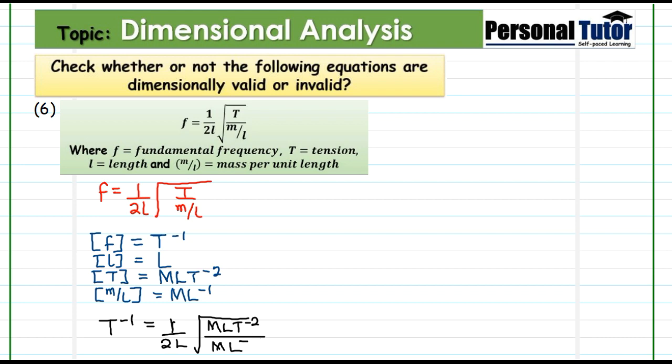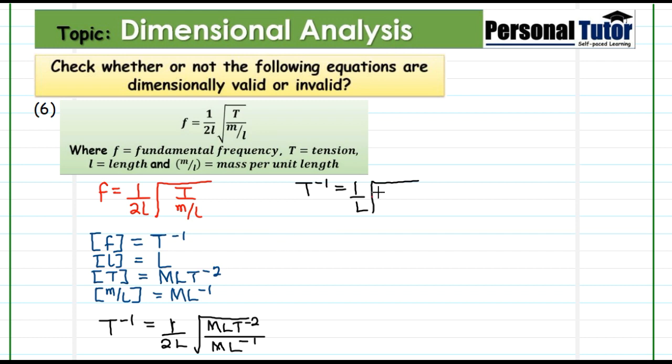Great. Now take this for me. The half here is dimensionless, as already agreed on. So we could go ahead and write it as T exponent negative 1 equals 1 over L. The 2 is gone. Then the square root of, if you write it in a linear form, the M will automatically cancel out the M.